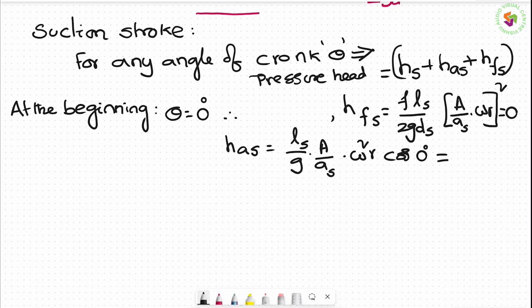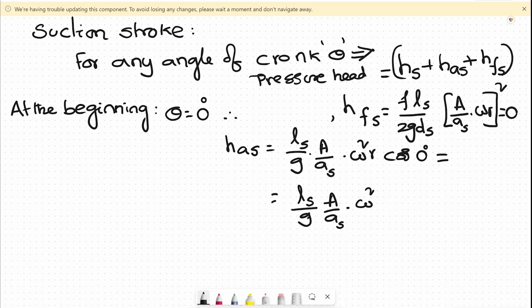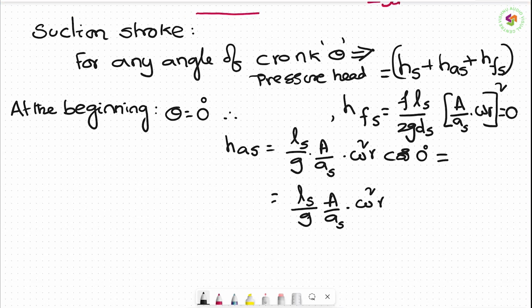It is equal to LS by G, A by AS, omega square R cos 0. Basically, cos 0 is 1.